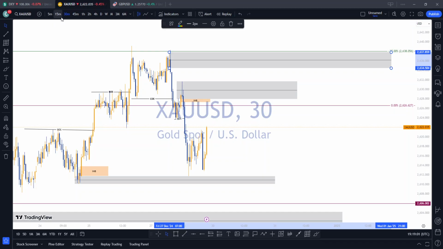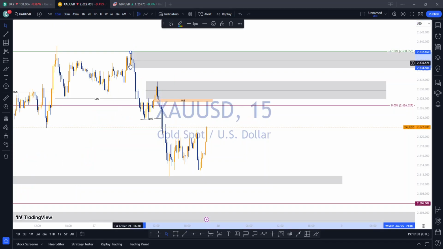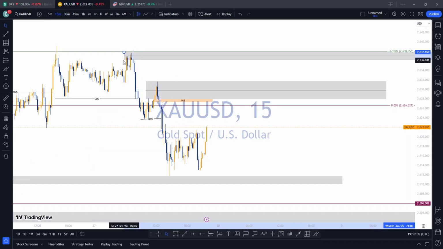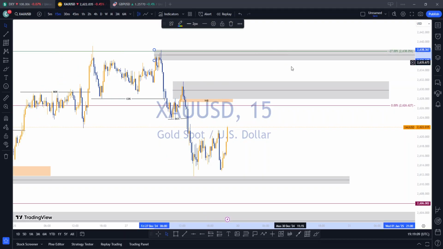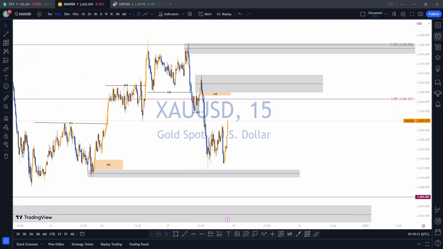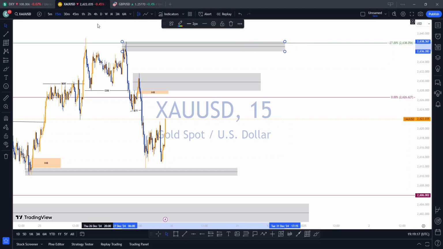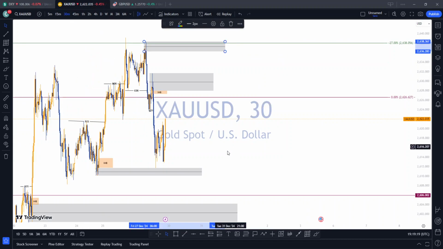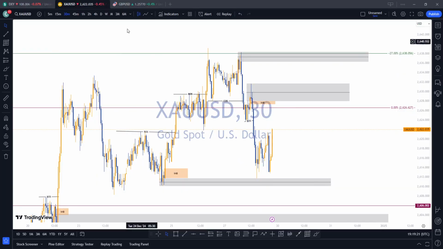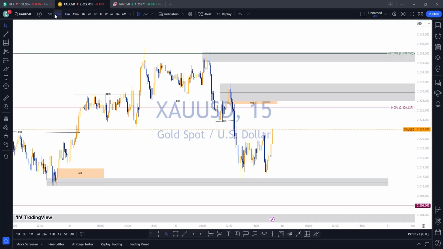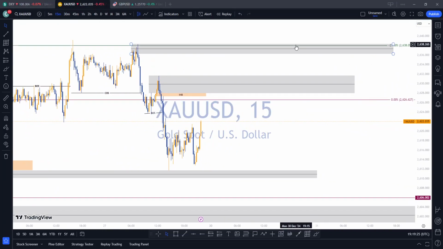Let's go to my 15-minute time frame and see. Right here. So that's the next order block that we should be looking forward to, right?